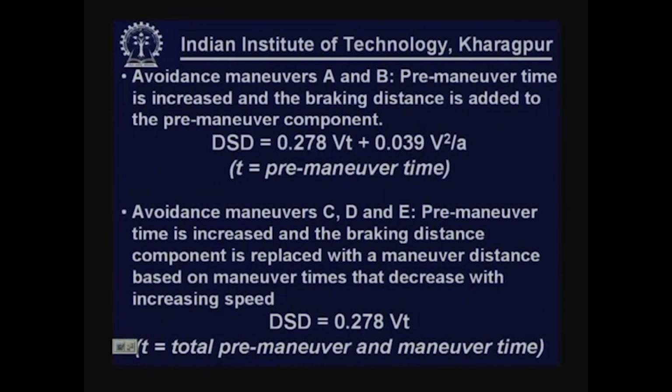So, essentially in this case DSD is 0.278 V into t, but do remember that this t is total pre-maneuver plus maneuver time as discussed.